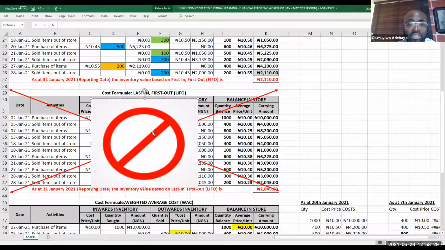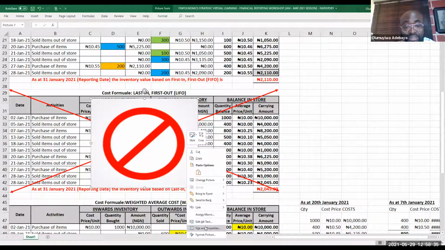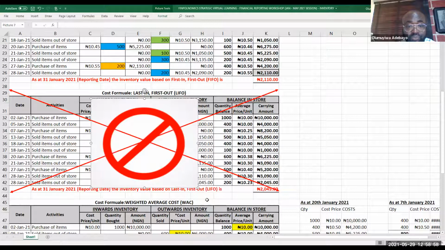Once you have identified your cost formula, you compare it to the net realizable value. Is it higher? If so, you need to jettison the cost formula and value it at the net realizable value by way of recognizing a form of write-off. That's the implication. Okay, thank you.